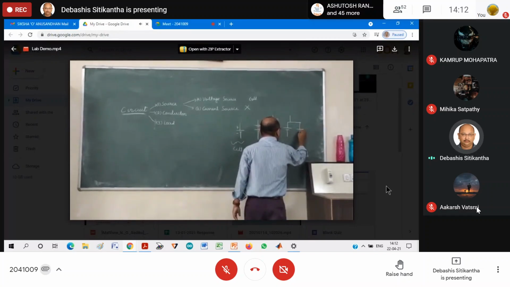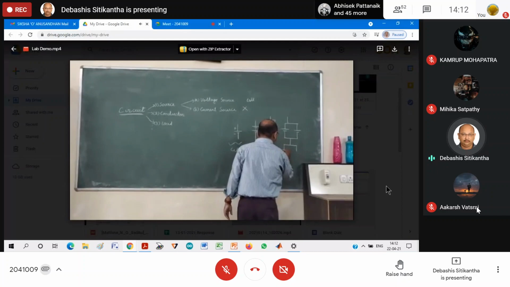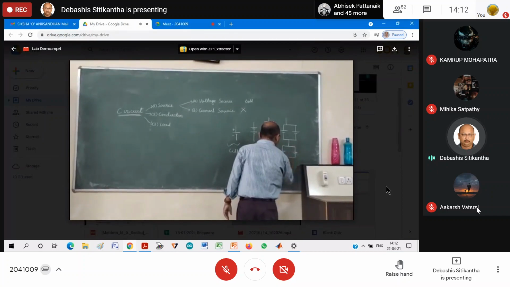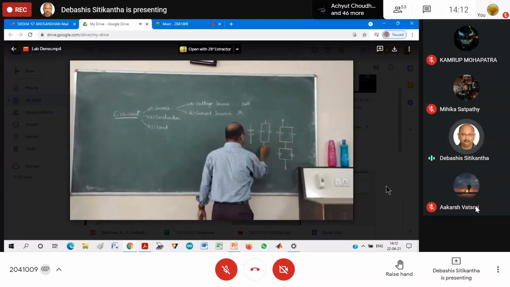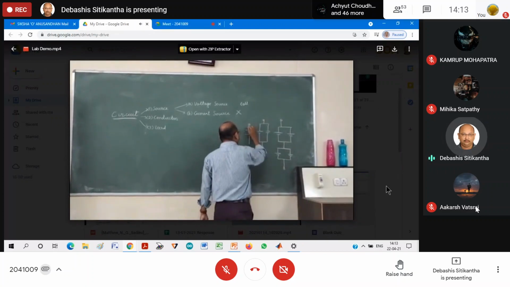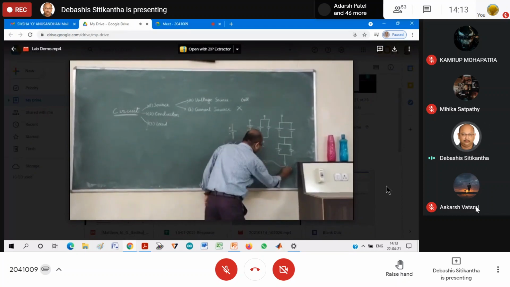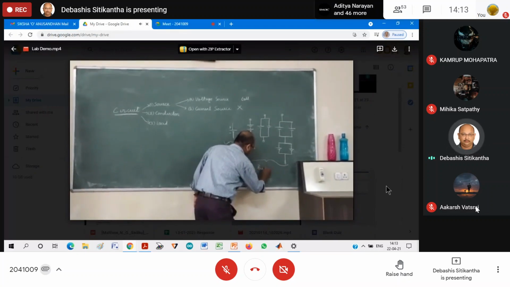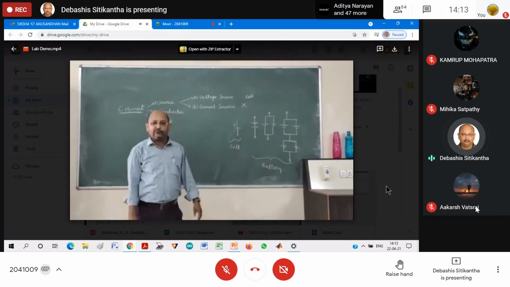This one is again connected to another set, and this combination in total is known as a battery. So a battery is also an electrical voltage source.